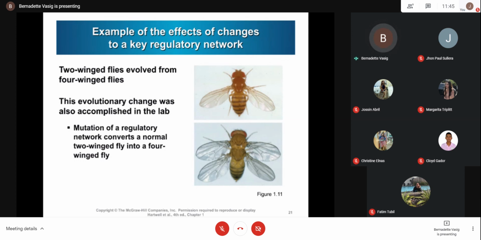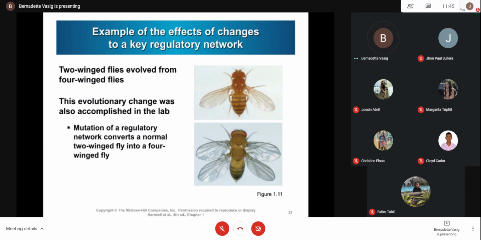For example, here we have two-winged flies evolved from four-winged flies. So instead of producing four wings in this particular fly, the regulatory network starts to express that particular gene less and produce halteres, which are responsible for the balancing of flies when they fly, or during flight. So mutation of a regulatory network converts a normal two-winged fly into a four-winged fly.